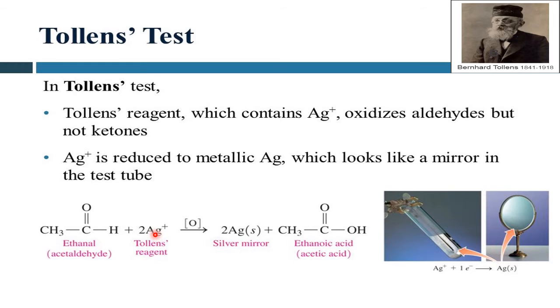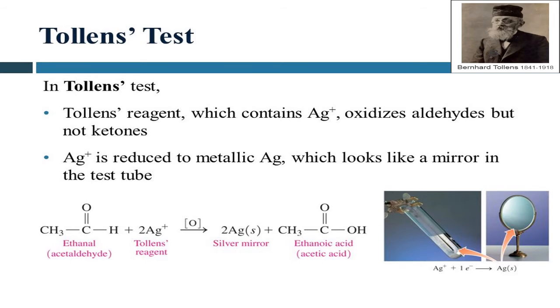A small portion of Tollens' reagent is taken here because it is a complex compound, so the formula is not required for the 12th class. A small part of Tollens' reagent is shown here with the aldehyde. They undergo oxidation and become acid, and silver deposits back. So in the test tube you should take the aldehyde, add Tollens' reagent, which is available in the laboratory, and immediately silver precipitates out.